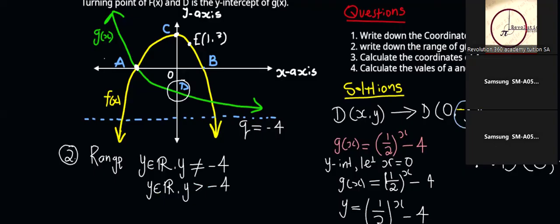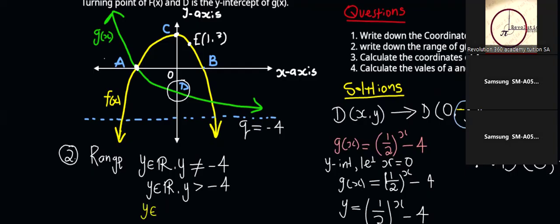Or what you can do, because you're writing the range, you can write it in an inequality form like the one that I've just written, or in an interval form. Another person will prefer to write it like this. Myself, I prefer writing it like this. Y is an element of brace, because I've tried to explain that you write the brace where your graph starts.